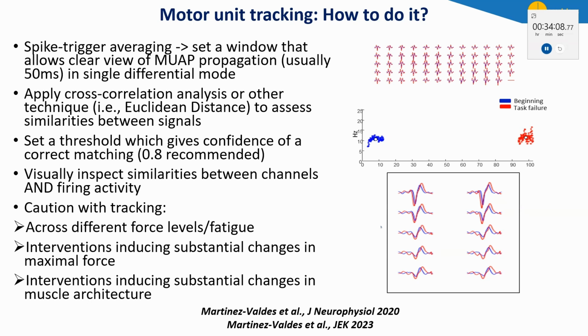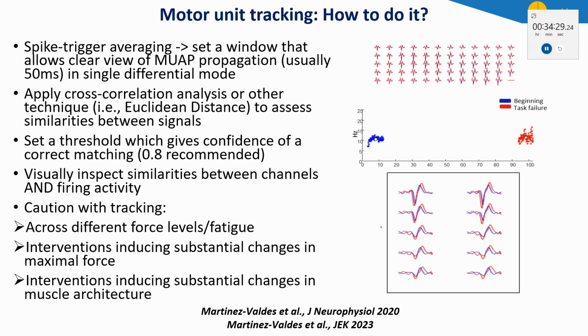That's the reason why you need to check, for example, if interventions induce substantial changes in maximal force. So, for example, I think the longest study has been 4 weeks of resistance training in tibialis anterior muscle by Delbecq and colleagues, but we have no data from longer interventions with the tracking.